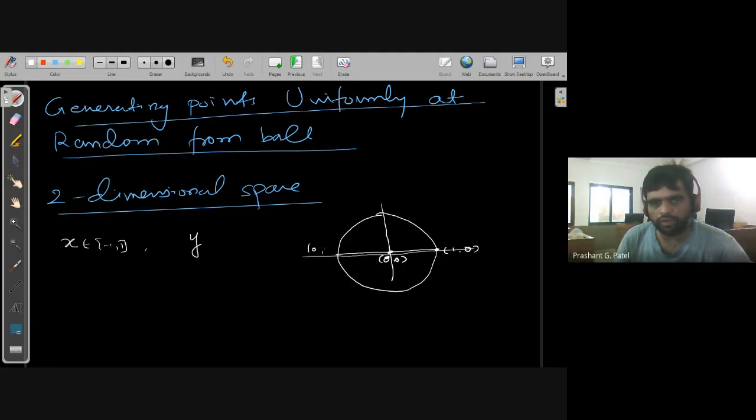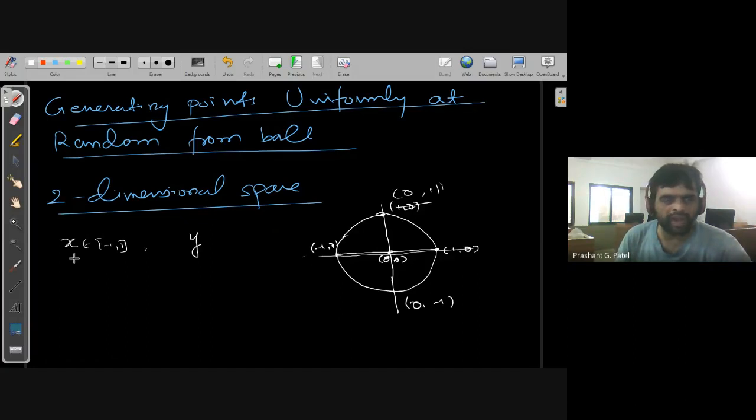This is the point (-1, 0), this is (1, 0), this one is (0, 1), and this one is (0, -1).